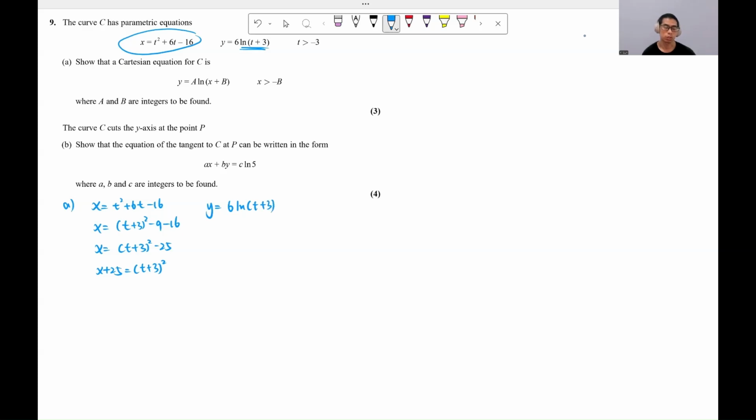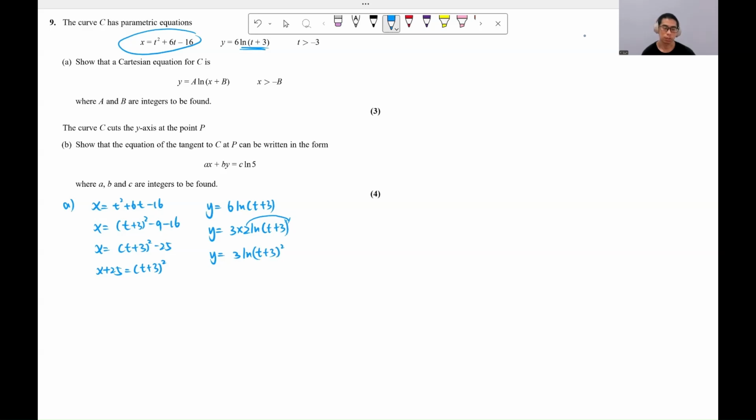We don't need to square root it, because we can bring the coefficient in as a power of the logarithm. We can write 6 as 3 times 2, so y is equal to 3 times 2 ln(t plus 3). Bringing the coefficient in as a power, that would be 3 ln of (t plus 3) squared.